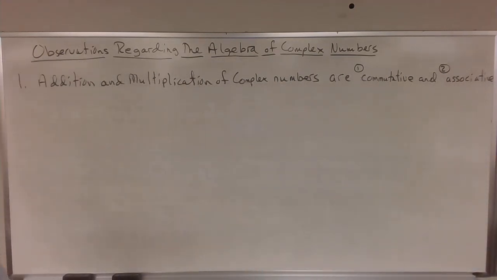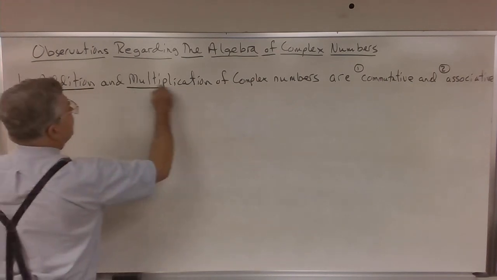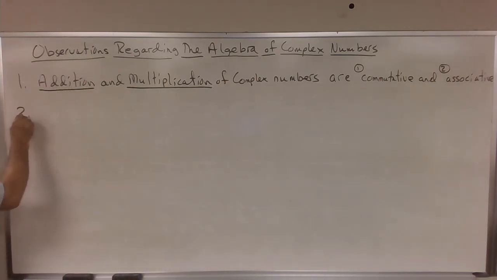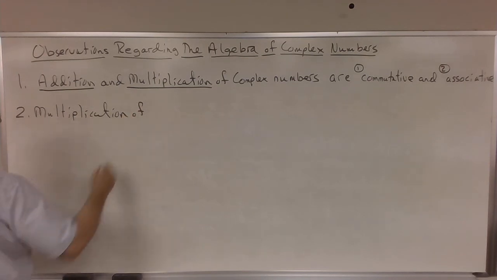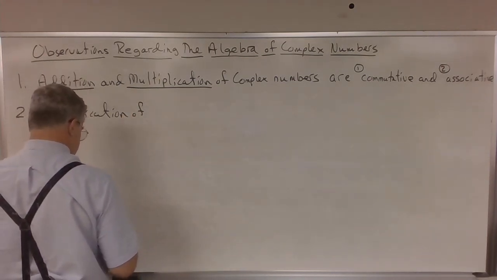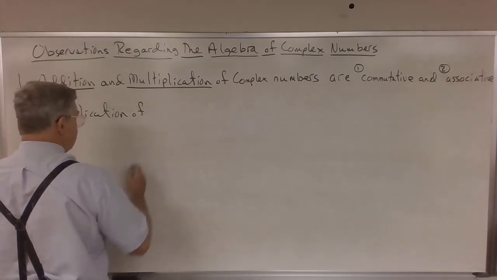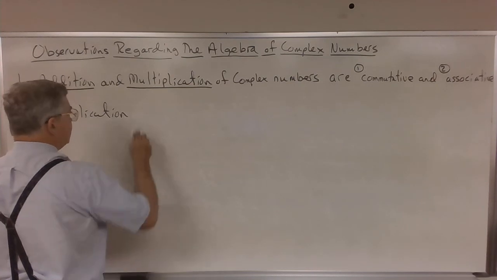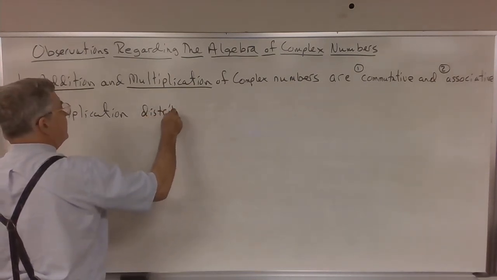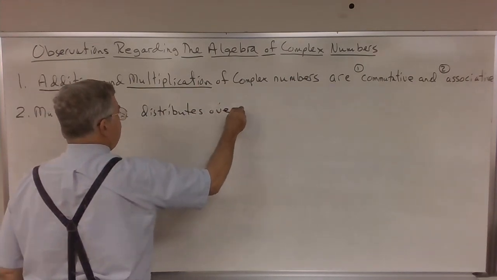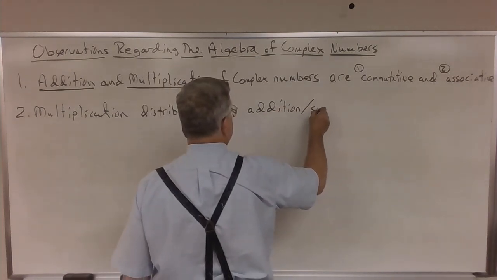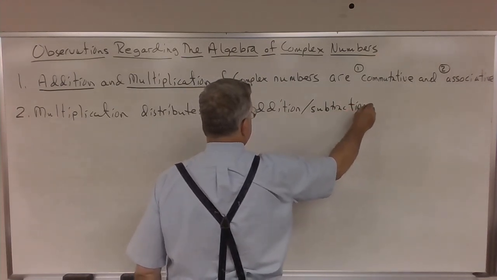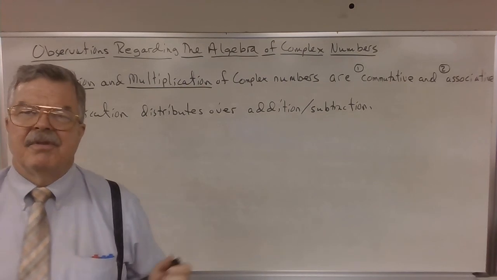Addition and multiplication, they're commutative, they're associative. So the distributive laws work.